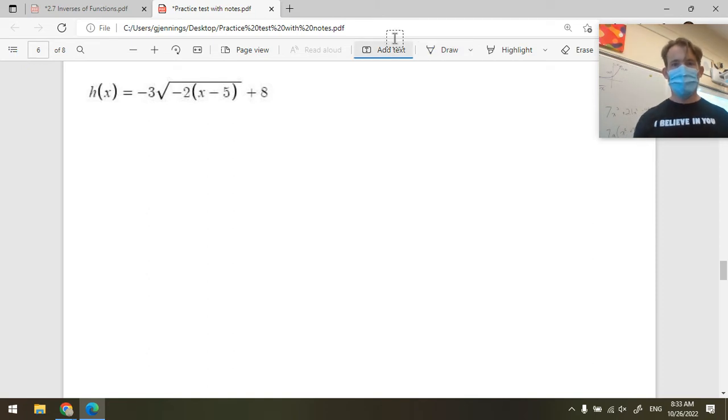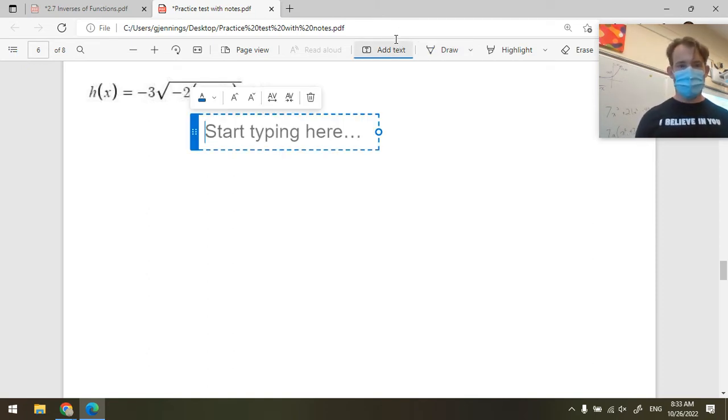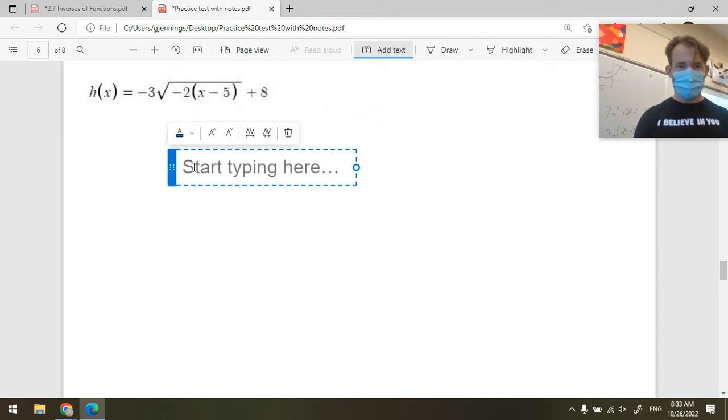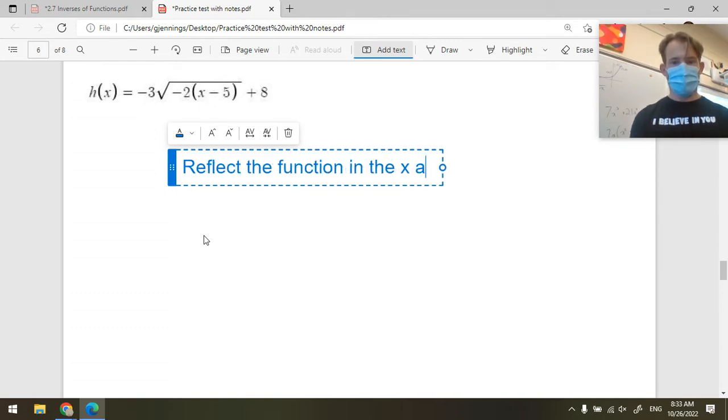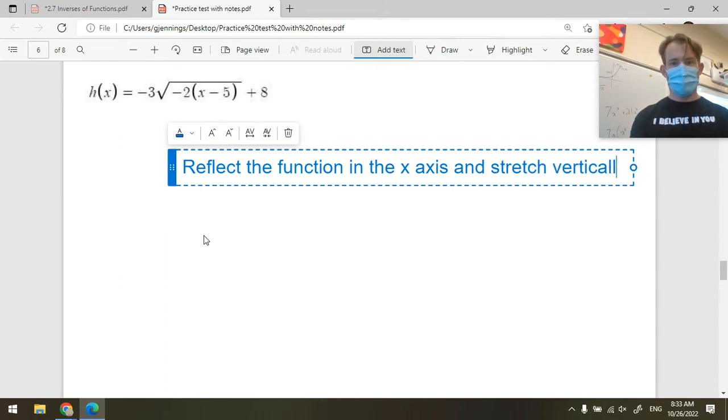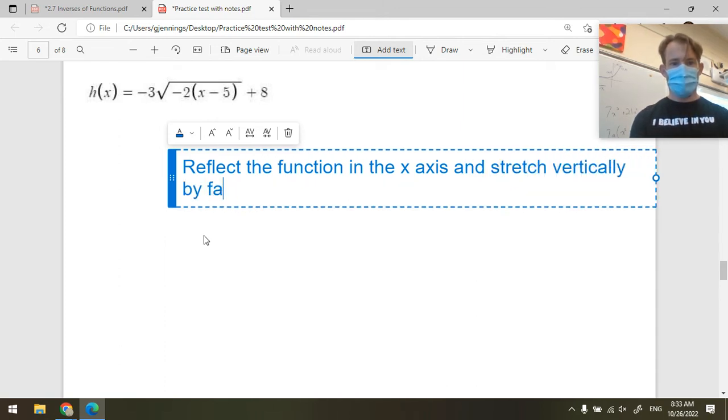All right, first let's summarize the transformations that have been applied. And we start with our reflections and our stretches. Let me move that down here. There. Okay, so reflect the function in the x-axis and stretch vertically by factor 3. Okay, that's a result of a being equal to negative 3.